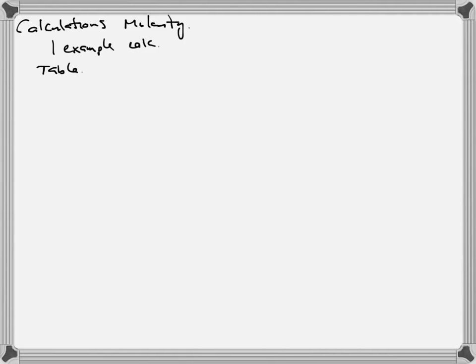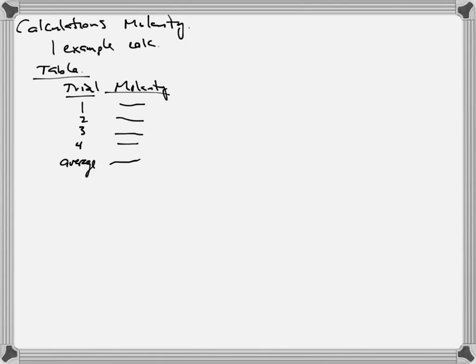You don't have to get too fancy with the table. Trial number 1 to, I think everybody here should have 4 trials, and then the molarity determined from each trial. Very last thing in that table, the average. Okay, does that make sense? Nice and neatly organized so that I can see what you're trying to show.